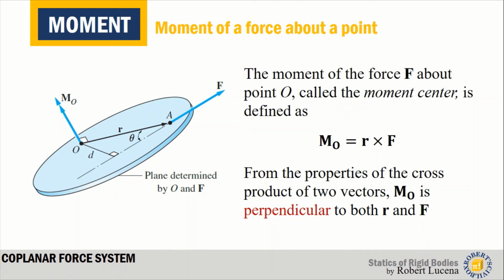So if you multiply vector r and vector f, there is a cross product that is orthogonal. As you can see in the figure, this is the product of r and f. This is orthogonal to r and f. Orthogonal means this forms 90 degrees to both r and f.